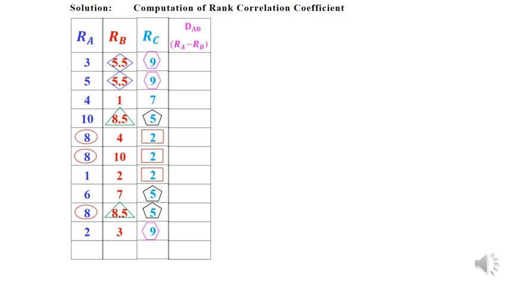So 3 minus 5.5 is minus 2.5, 5 minus 5.5 is minus 0.5, 4 minus 1 is 3, 10 minus 8.5 is 1.5, 8 minus 4 is 4, 8 minus 10 is minus 2, 1 minus 2 is minus 1, 6 minus 7 is minus 1, 8 minus 8.5 is minus 0.5, 2 minus 3 is minus 1. Square up these values to find D square between AB.